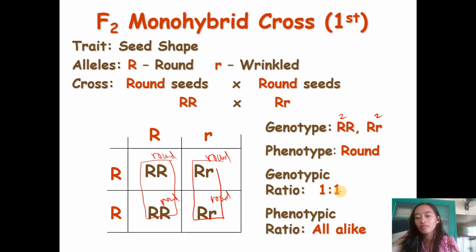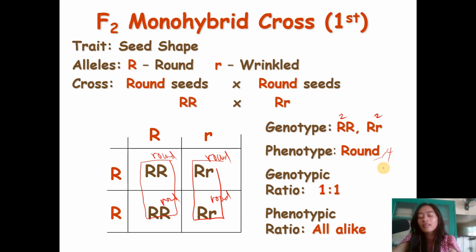So the ratio would be... oh, sorry, mistake. This is the genotype listing: big R big R, big R small r. As for the phenotype, all of them are round, all four round.